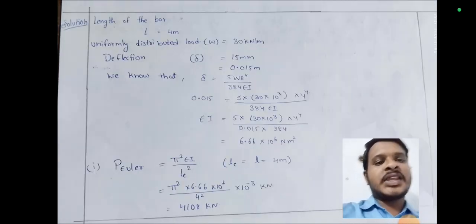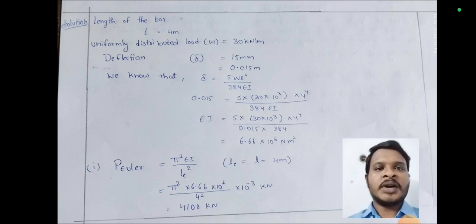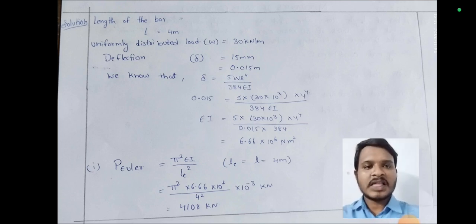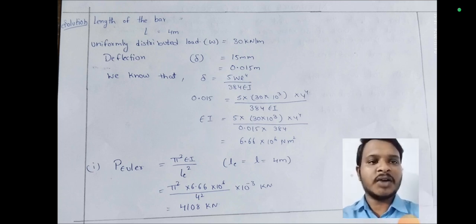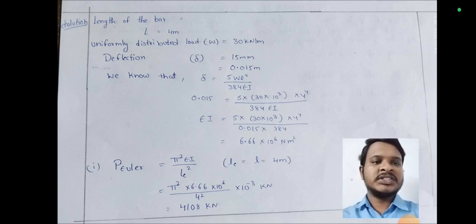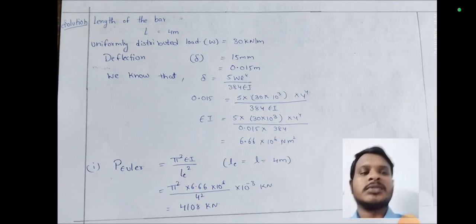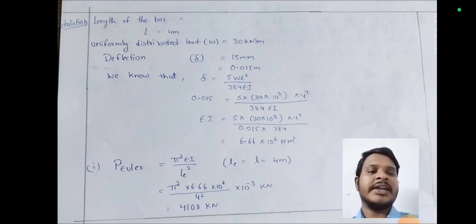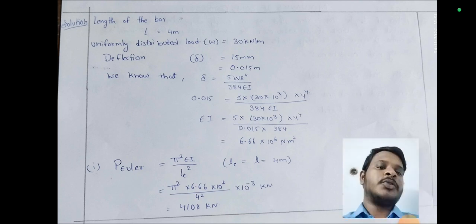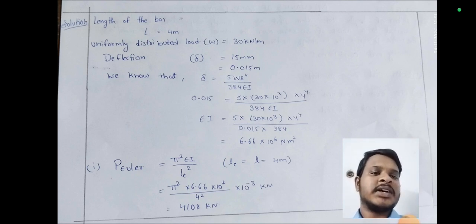While doing this problem, we have to write the given data, check what formulas apply, and check what is not given. We have to replace it: here the load is given but EI is not given.